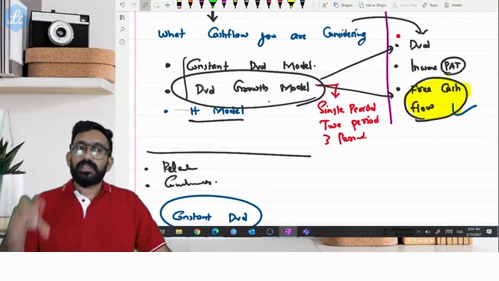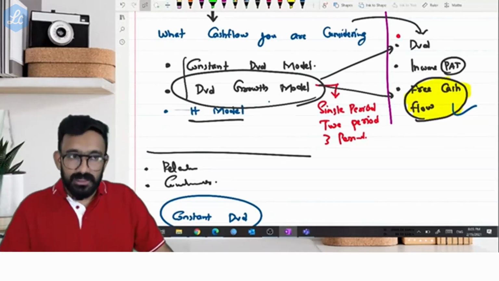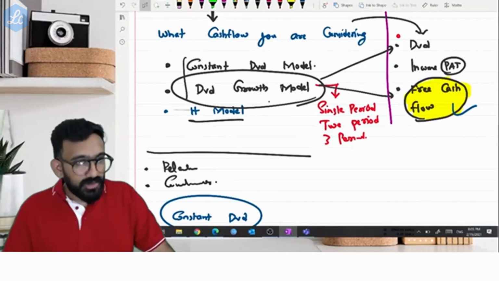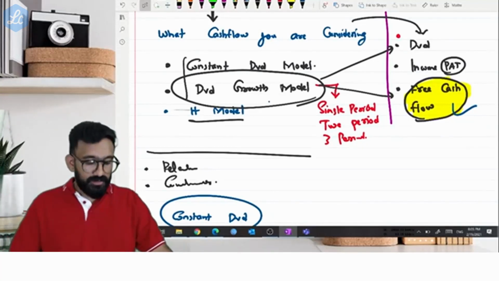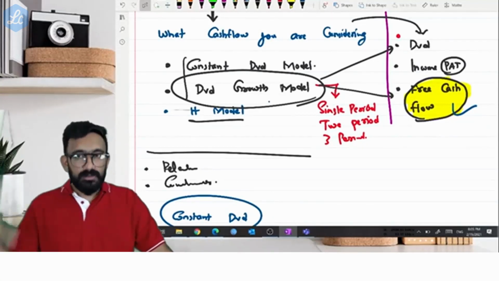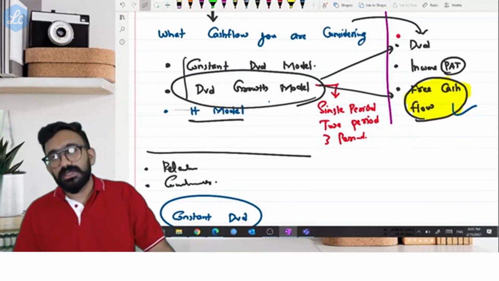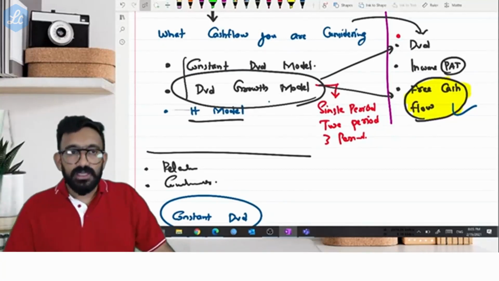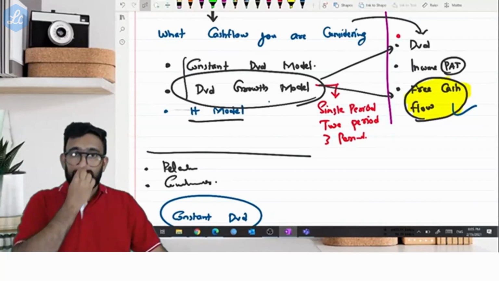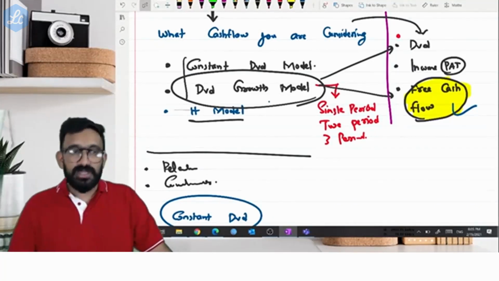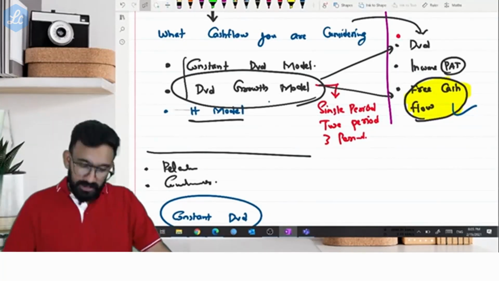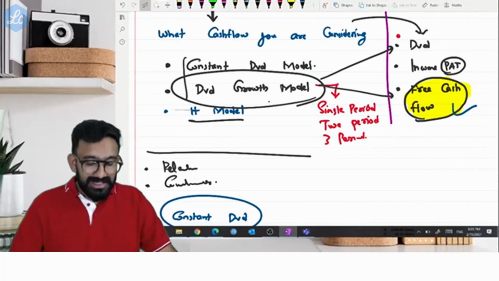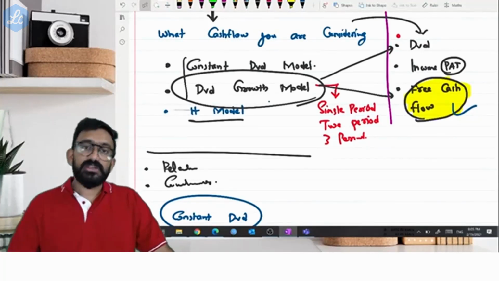That is the argument the income model people are making, saying that it is not your dividend that is going to be the real return. Even whatever profit is generated is for the equity shareholder, so all that has to be considered. It's just that it is with the company now. It is not given to the equity shareholder, but it eventually belongs to whom? Equity shareholders. So they say we will take in all these models instead of dividend.